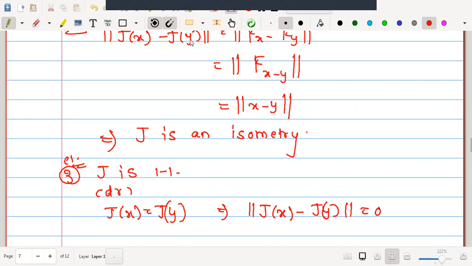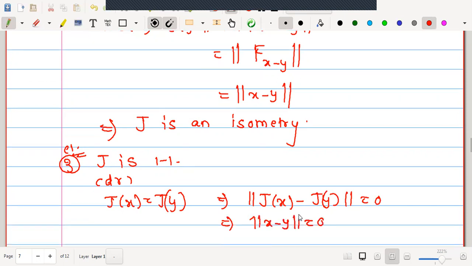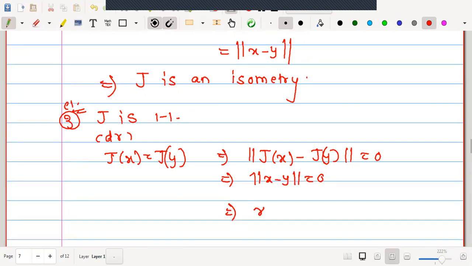We have proved norm of Jx minus Jy is norm of x minus y. Therefore, norm of x minus y is equal to 0, which gives x minus y is equal to 0, and hence x is equal to y. Thus, the mapping J is 1-1 as well.